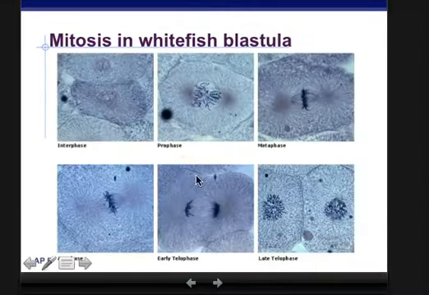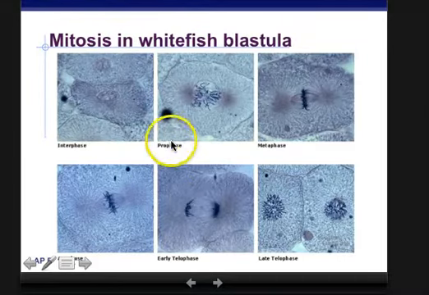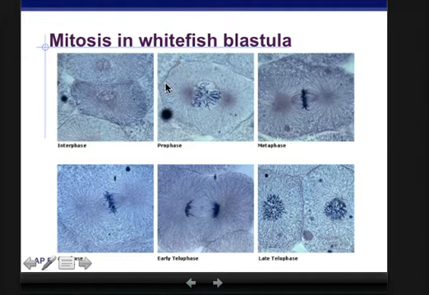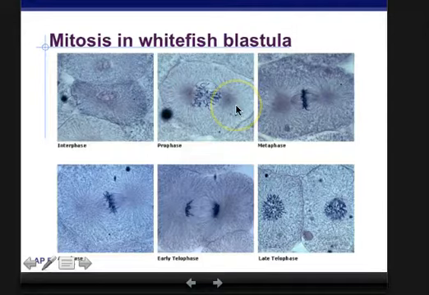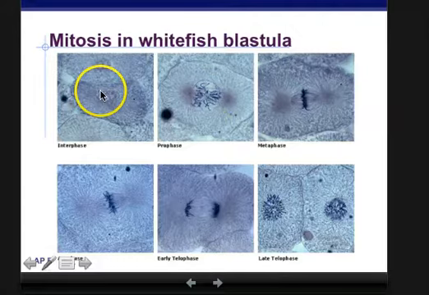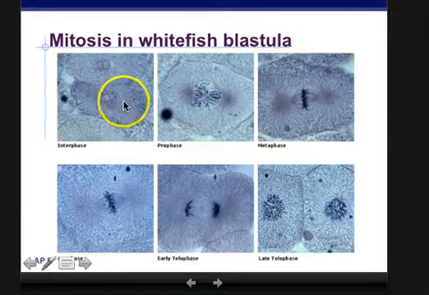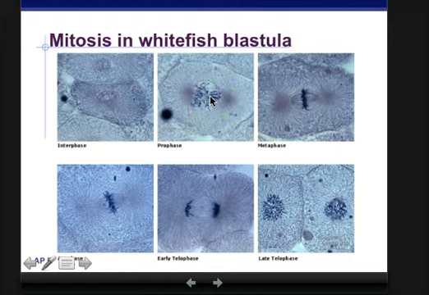So this is one of the types of organisms we commonly use to look at mitosis in an animal cell. It's a whitefish, and we have these slides in the lab, so we'll be using these too to help you visualize it besides just looking at a picture. So this is interphase, prophase. What's happening there? What do you see?